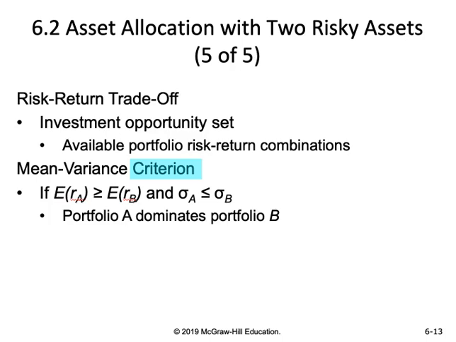is that if the expected return of A is greater than the expected return of B, and this is an important and, standard deviation of A is less than B, that means A is less volatile, right?